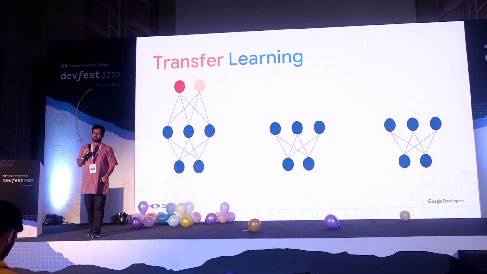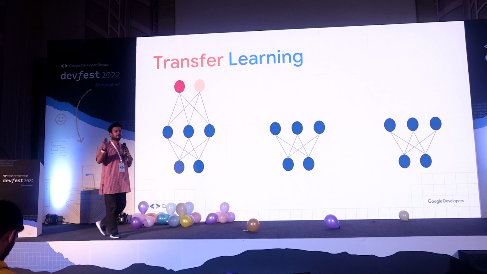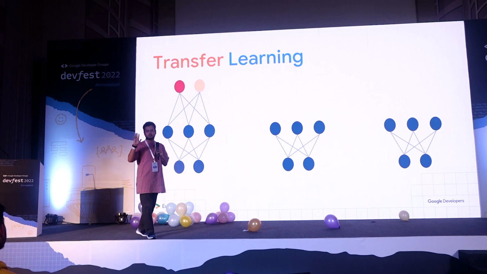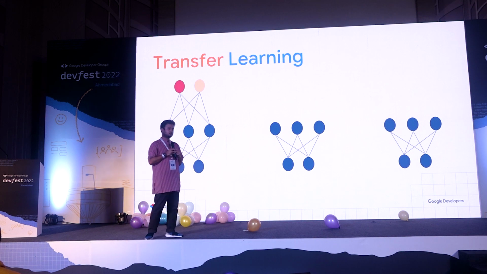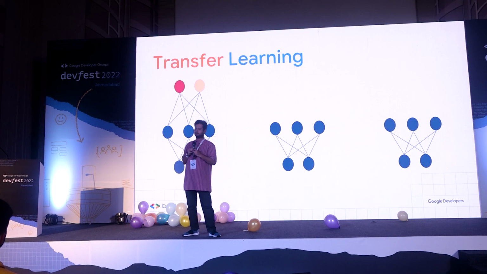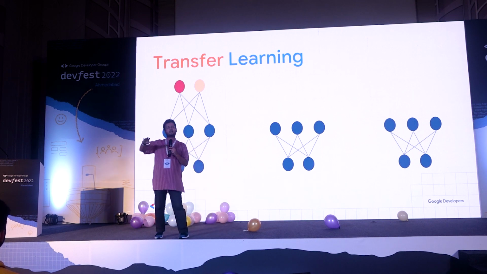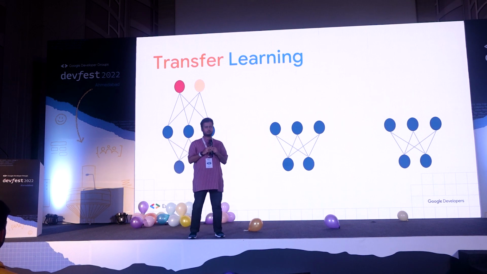Now what is transfer learning? When I have a sentiment analysis task, okay? Everyone is aware of sentiment analysis. I am happy. What sentiment is it? Positive. I am sad. What sentiment is it? I am kind of happy but also not sad. What sentiment is it? Neutral. Okay?